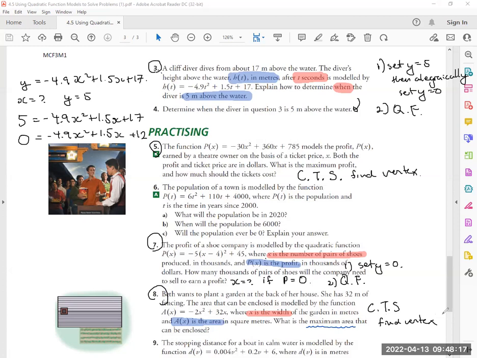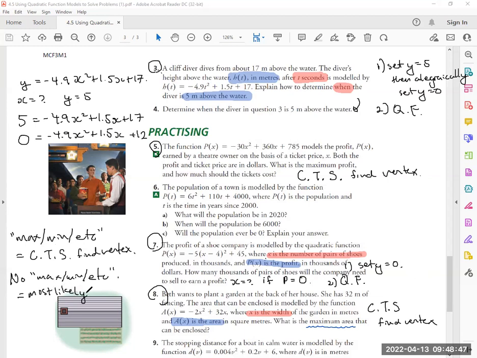If you see those keywords, that means you should complete the square and find the vertex. If you don't see them, so no max, min, etc., chances are most likely it's going to be a quadratic formula question.